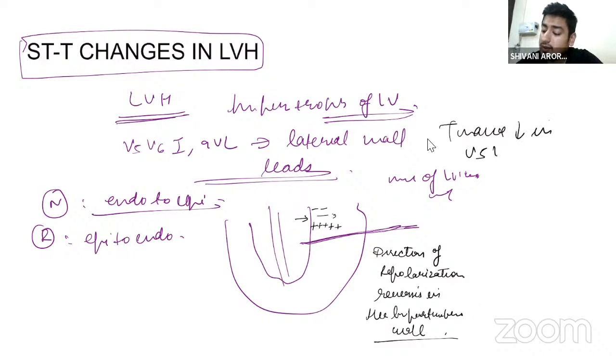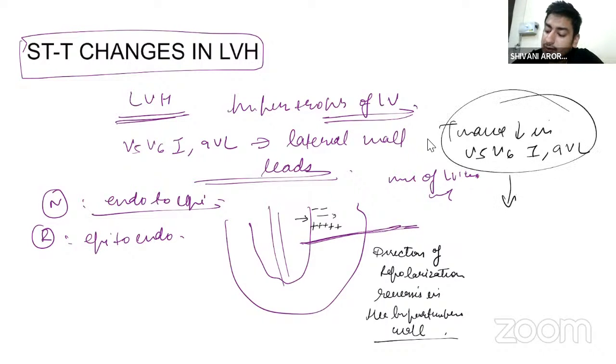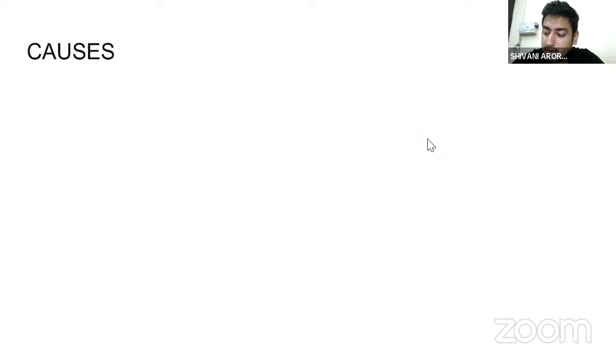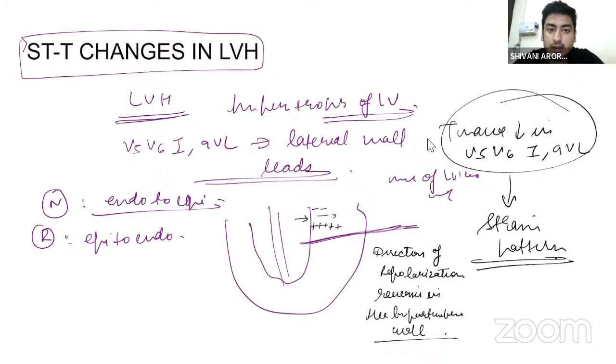Okay. One thing which you should know is that we have two types of hypertrophy. One is pressure hypertrophy, which is also known as concentric hypertrophy. And another one is volume hypertrophy, which is also known as eccentric hypertrophy.